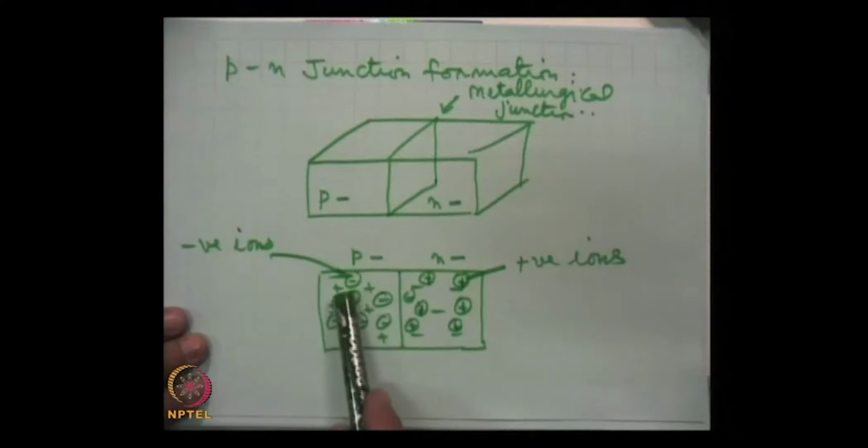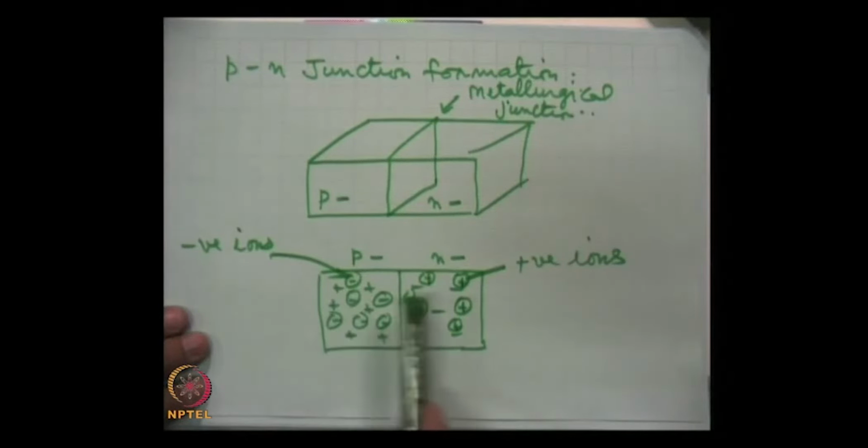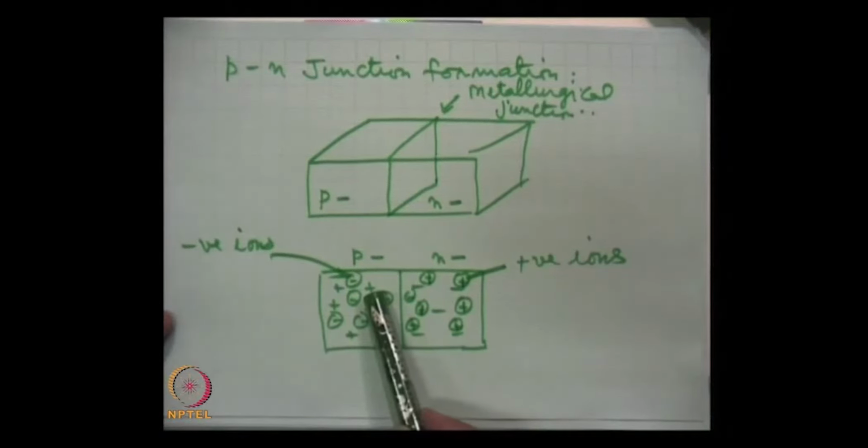Now, when diffusion occurs, diffusion of holes from p side to the n side and diffusion of electrons from n side to p side, this will start as a most natural process.